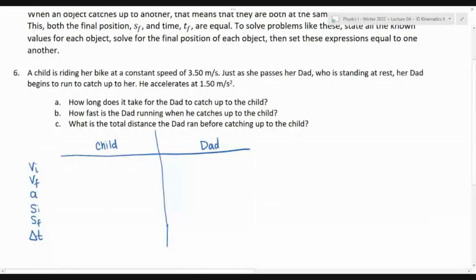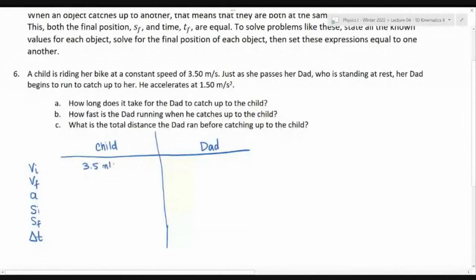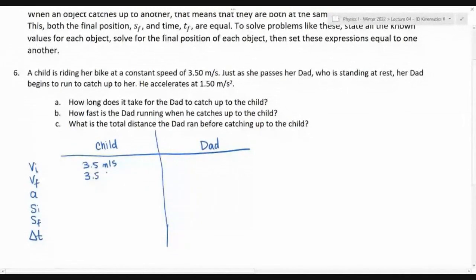So what do we know about this question? The child has a constant speed of 3.5 meters per second. That's her initial speed and her final speed. It's a constant speed. And if her speed is constant, then what is her acceleration? Yeah, good.